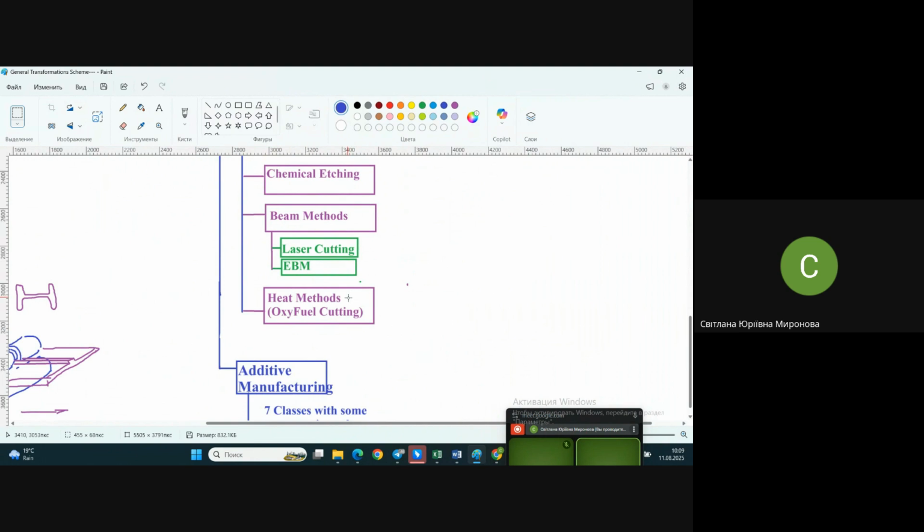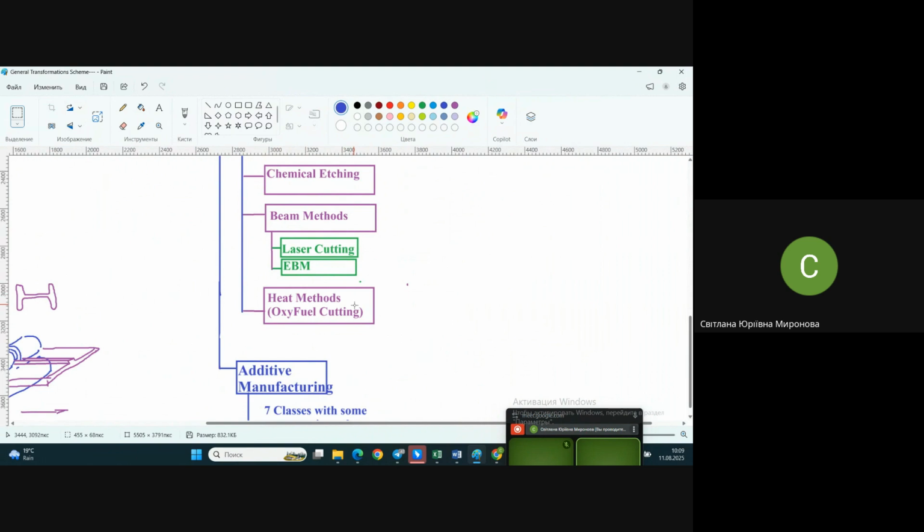Heat methods means that you are using heat directly, whatever sort of this heat, for instance, oxyfuel cutting, when you use practically the same equipment and tooling as for oxyfuel welding, maybe you know it, with open flame.